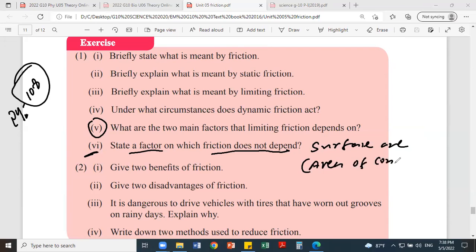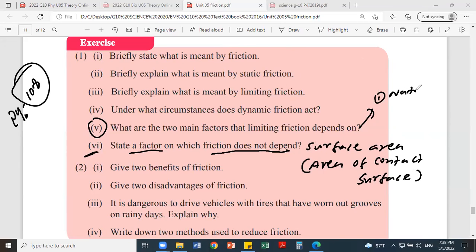Surface area, or you can write area of the contact surface. Then for this one, you can write one: nature of surface.